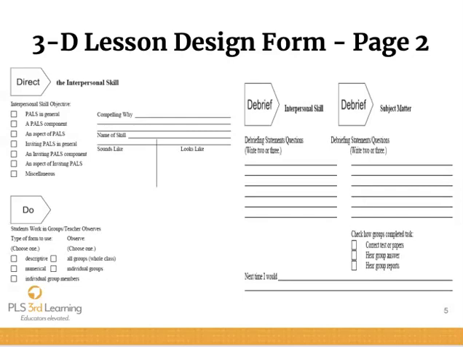In the Do section is a place to record your choice of forms to use when you monitor and observe groups at work. Next are the 2 types of debriefing you will do for the interpersonal skill and subject matter. You have a place to write out the debriefing questions you will ask. For the subject matter, there is a choice about how group work will be checked.